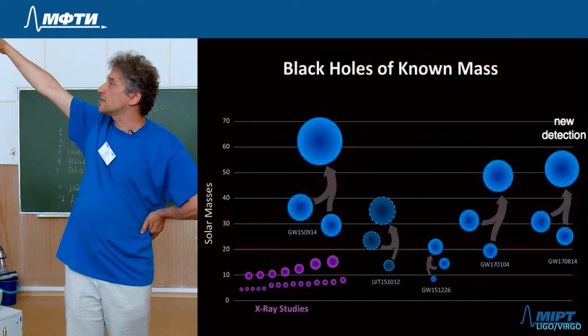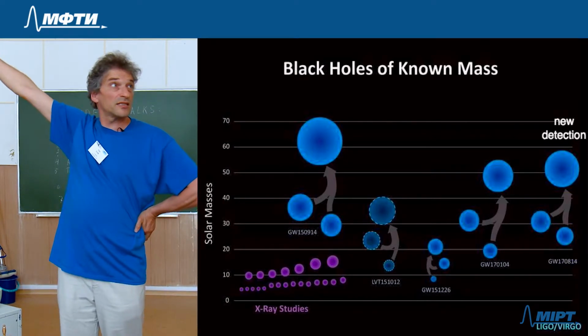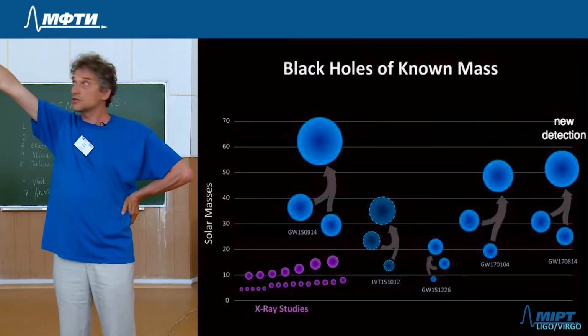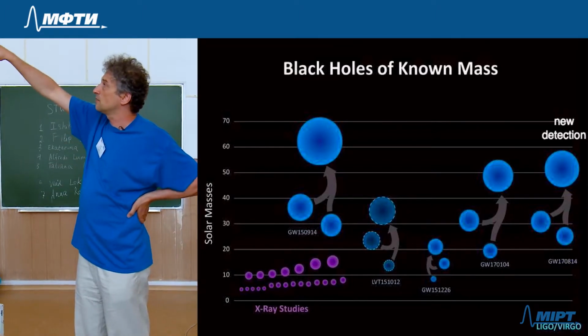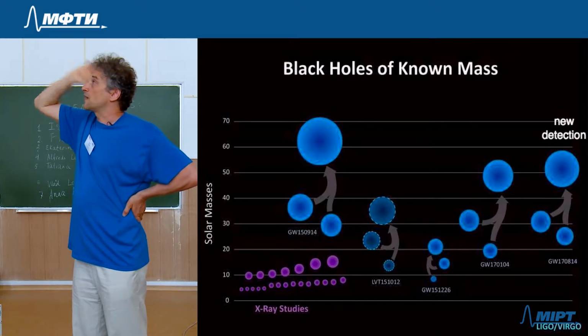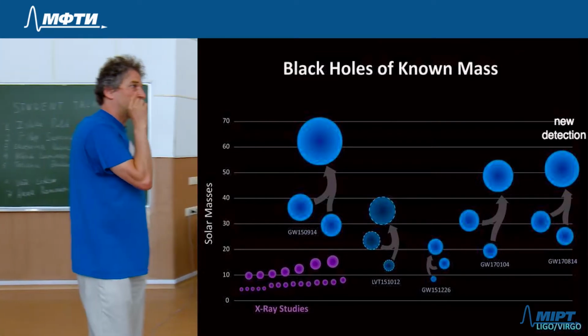The x-axis has no significance, but the y-axis shows the masses of these merging black holes. And you see that, interestingly, many of them, actually 4 out of 5 of them, have components which are significantly more heavy than the black holes that we see in the galaxy.